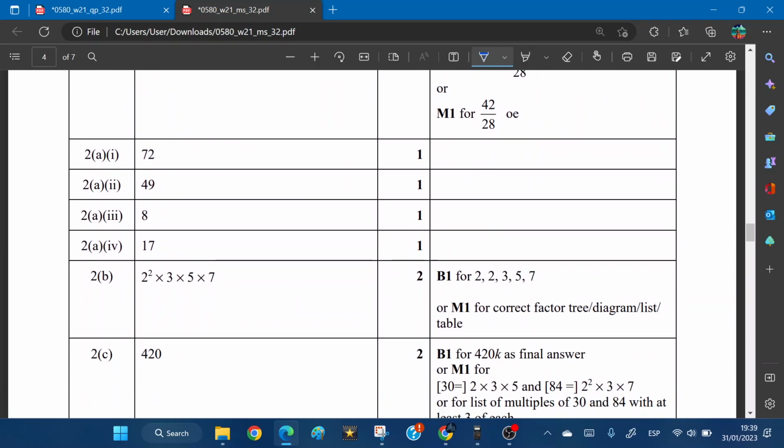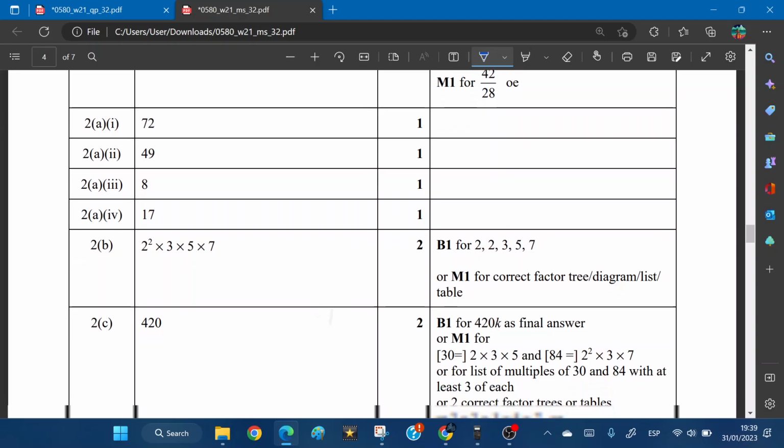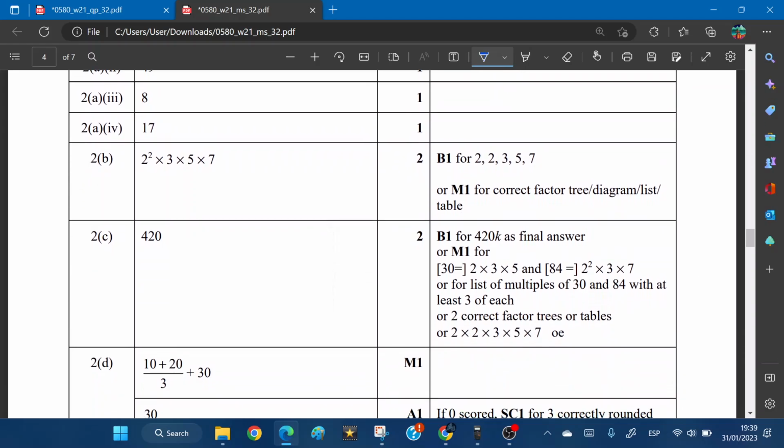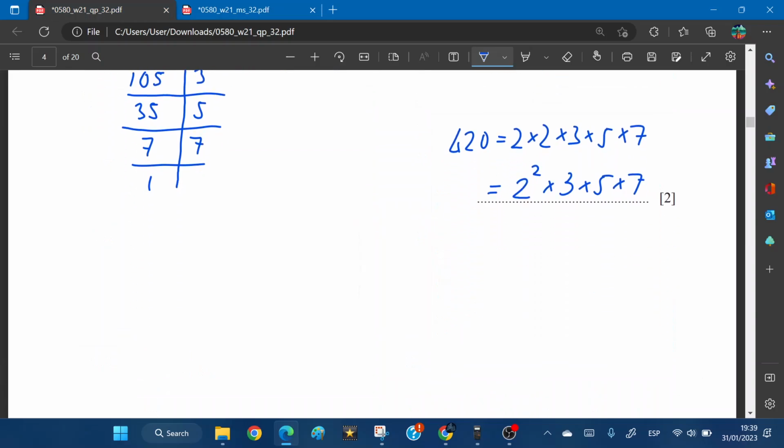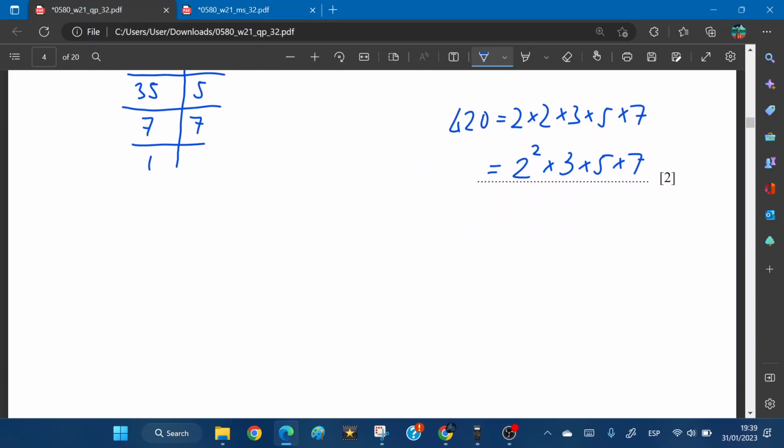Remember to put the times in between because it says product of prime factors. You have to put the times in. If you just write the numbers, you won't get full marks. But I do believe if you write 2 times 2 and not 2 squared, you should get full marks. Where it says write it in index form, that's what the little 2 is.